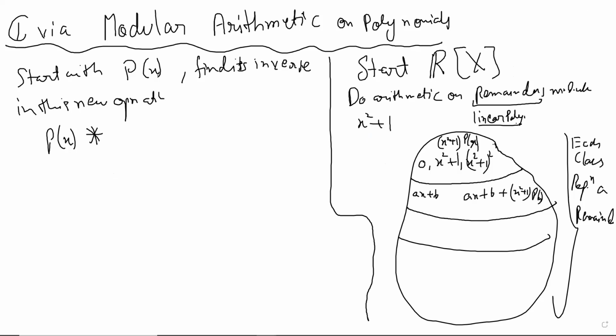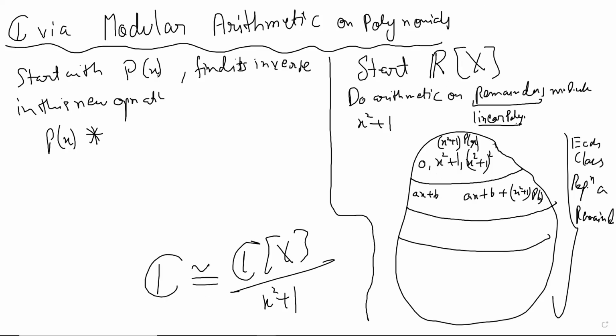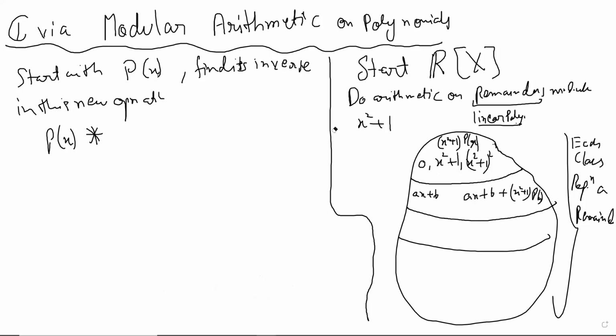If you do this and you take the remainders when divided by x square plus 1 and you take the classes and you do multiplication on that, this set you are going to get will be C again in some sense, but probably not very useful. If you've not done group theory, you won't understand, and there's no need at all to understand that right now. So we have this p(x).